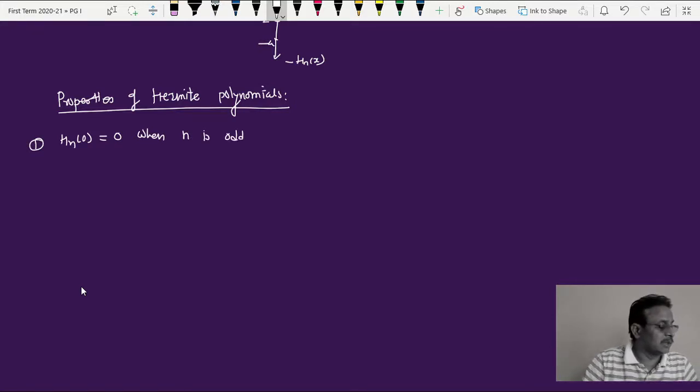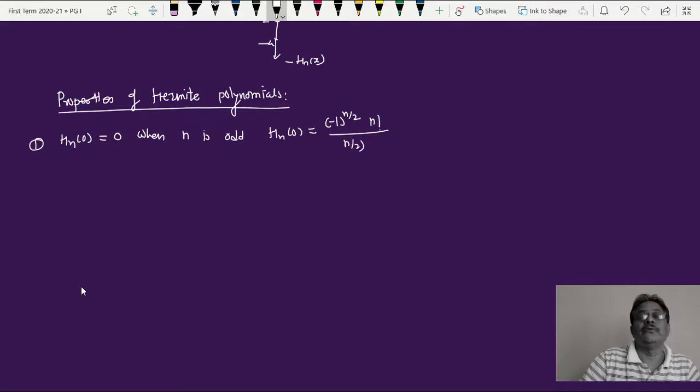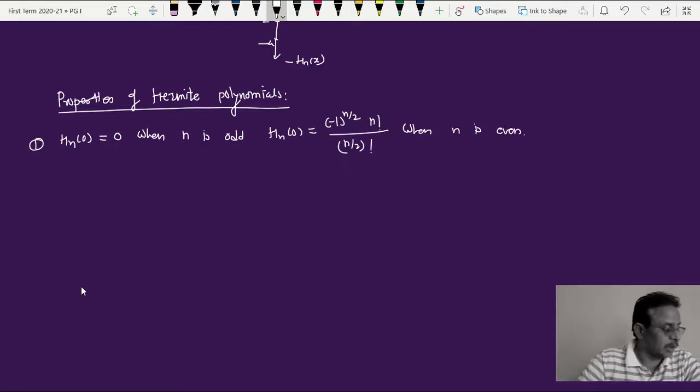And Hn of 0 is equal to minus 1 raised to n by 2 into n factorial divided by n by 2 factorial when n is even. You have to show this from the generating function itself.